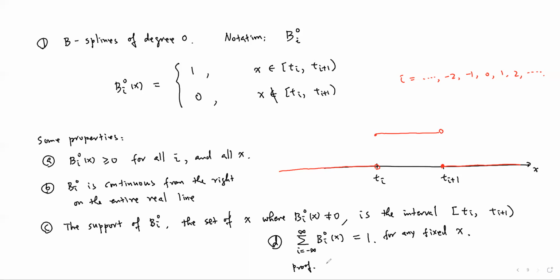Say x is a point on the real line, but the real line is now covered by subintervals. So x must be in one and only one subinterval.